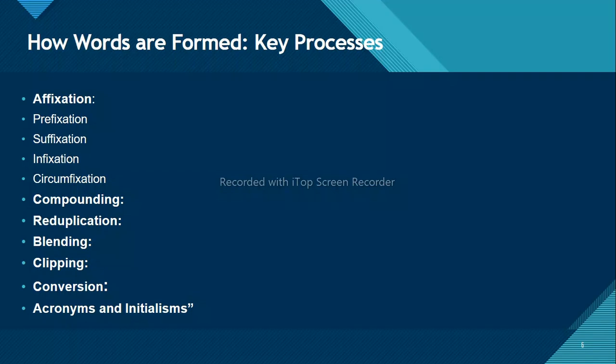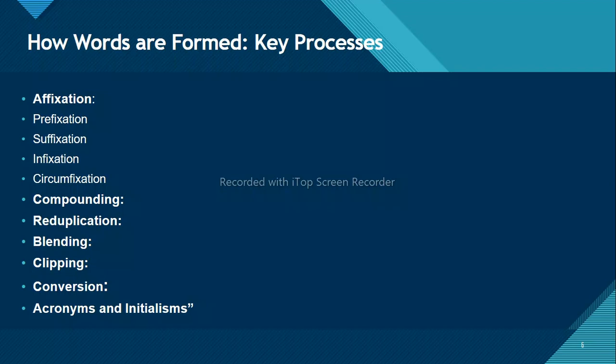Full reduplication: repeating the entire word, as in bye-bye. Partial reduplication: repeating part of the word, as in flip-flop. Reduplication can convey various meanings, such as emphasis, plurality, or an ongoing action, depending on the language.